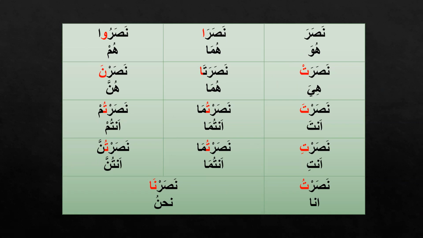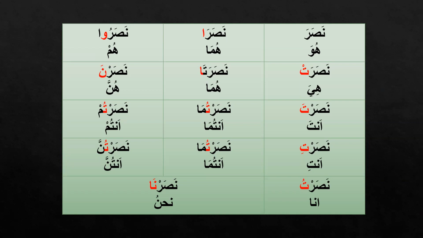So for the past tense, look at the end of the word. All right. Look at the end of the word. And here, Nasara, he helped. He is implied here. And they all are Rafa. Alhamdulillah.